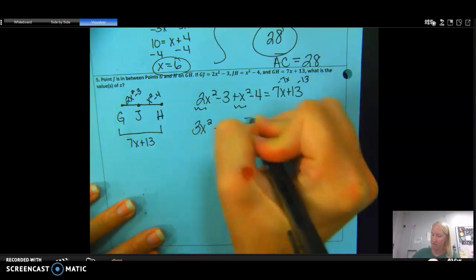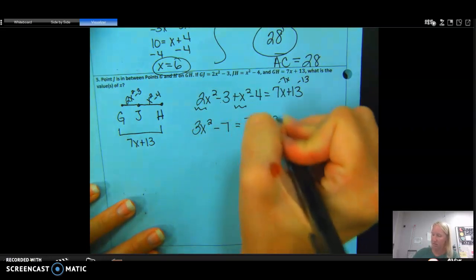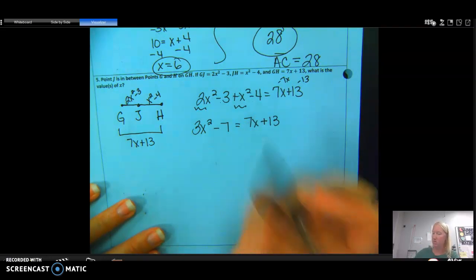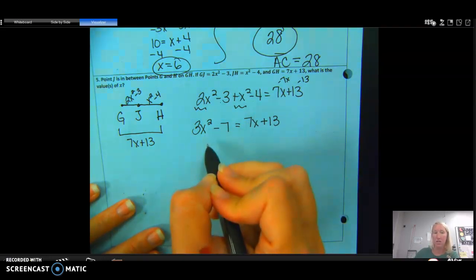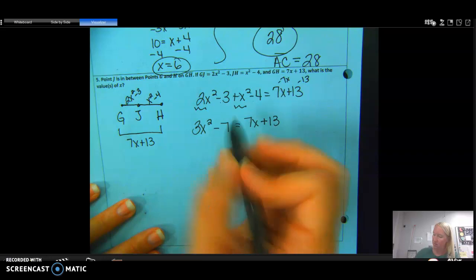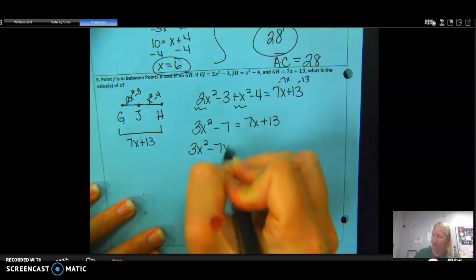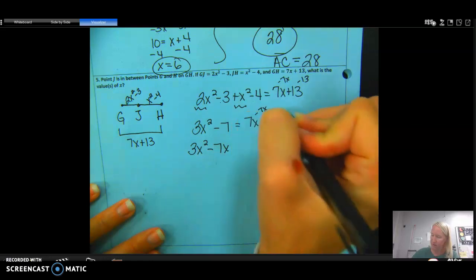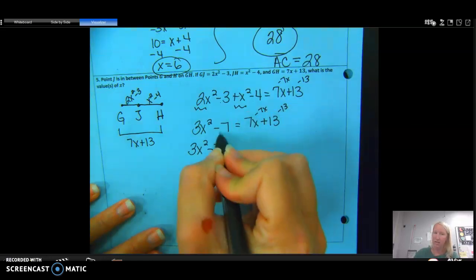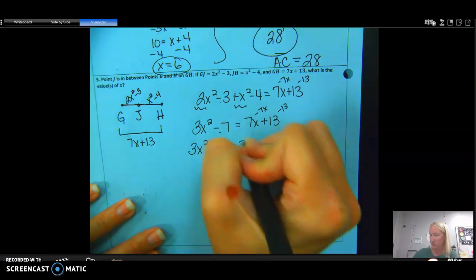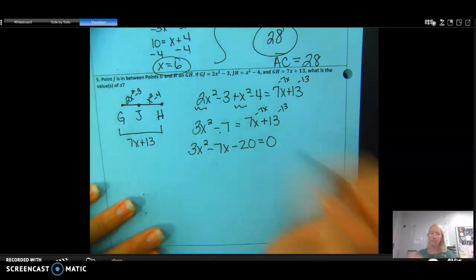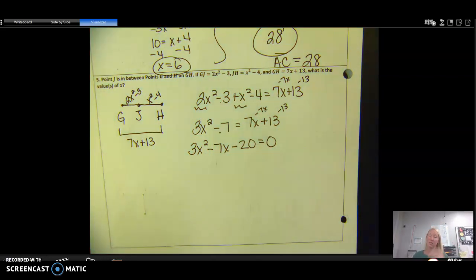I'm actually going to do those two steps before I move this stuff. Now I'm going to subtract 7x, but there's no x terms over here, so I'm going to put that in the middle. So I'm going to do 3x squared minus 7x. I'm also subtracting 13. So negative 7 minus 13 is negative 20. Now it equals 0.